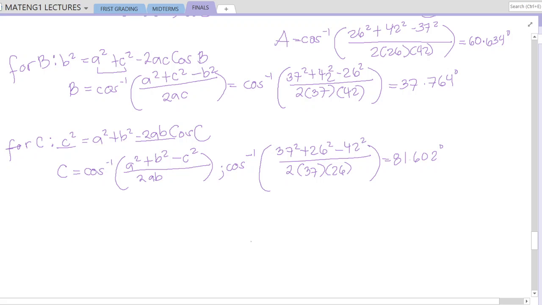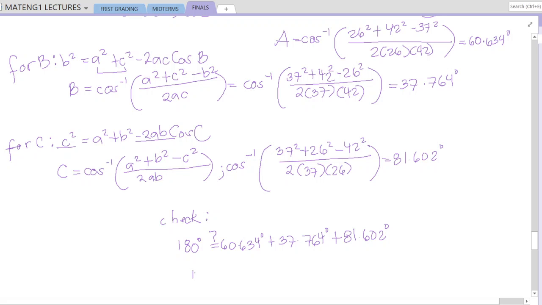So we have obtained already the values of the angles, so we have to check. The sum of the angles is supposed to be equal to 180 degrees. Checking that, is 180 degrees equal to 60.634 degrees plus 37.764 degrees plus 81.602 degrees?